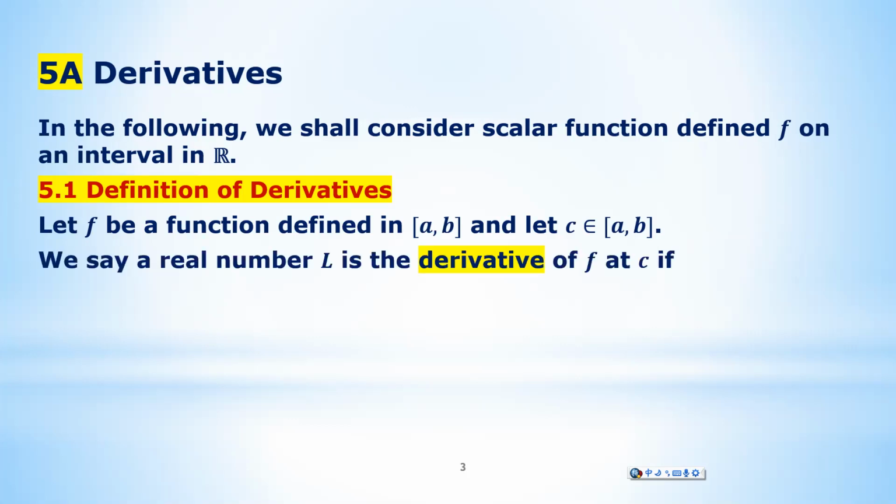Now we say a real number L is the derivative of f at the point c. What does it mean?